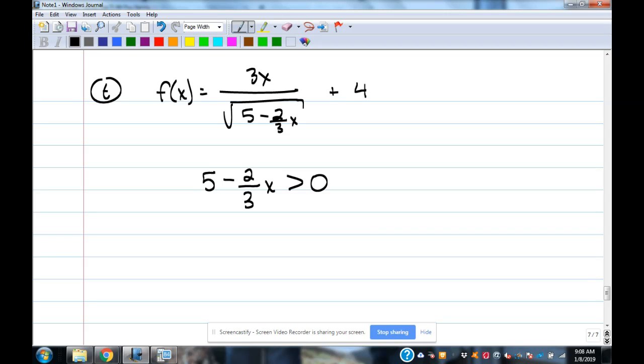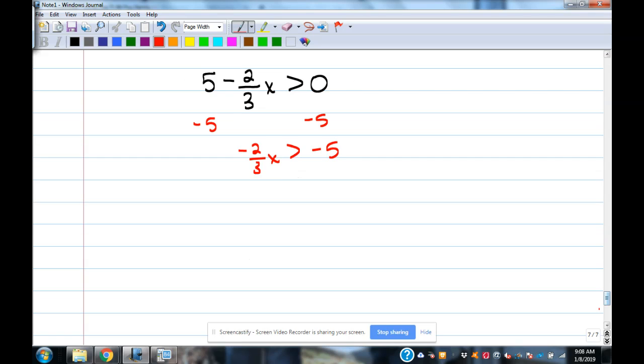Okay, let's solve it. What do we do? Drag the 5. Multiply by the reciprocal. Over 2.